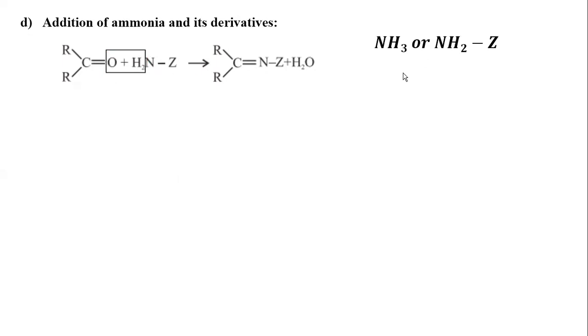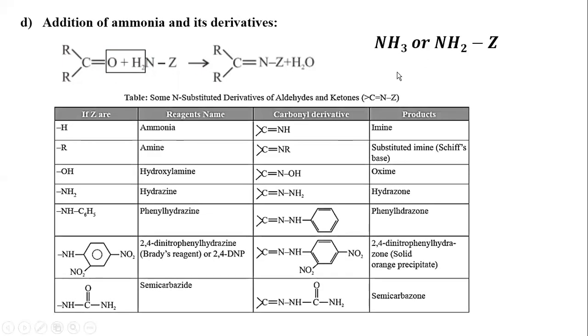Let us understand with the help of a table. If Z is replaced by hydrogen, then the reagent will be ammonia, and the product so formed will be imine.